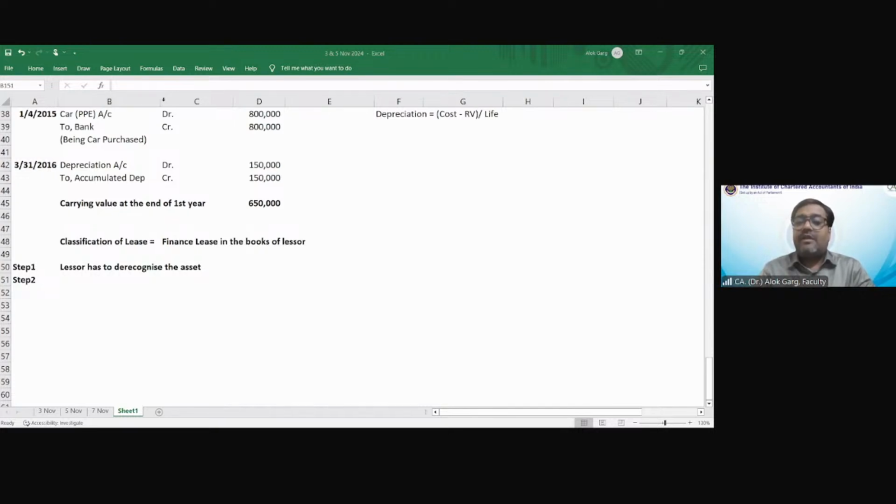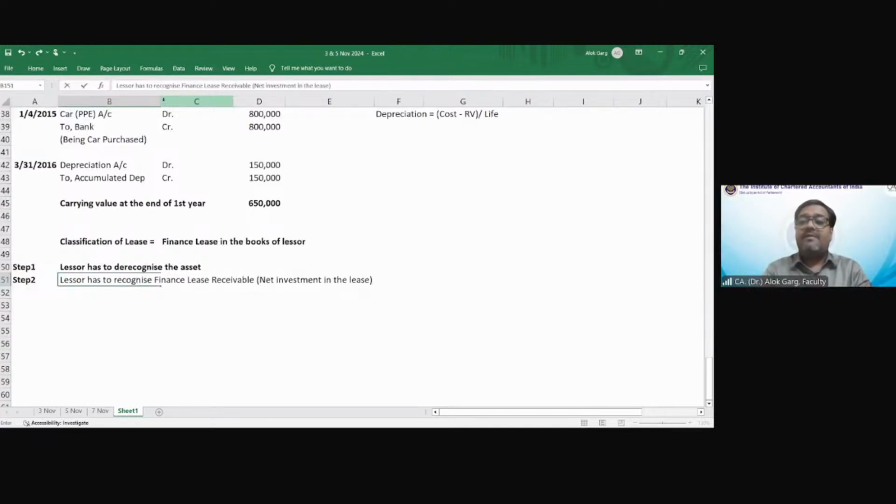The lessor has to recognize net investment in lease or finance lease receivable, which is also known as net investment in the lease.